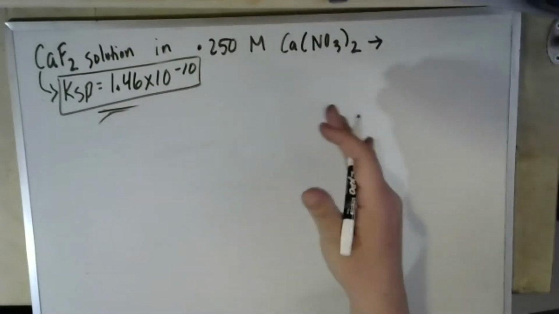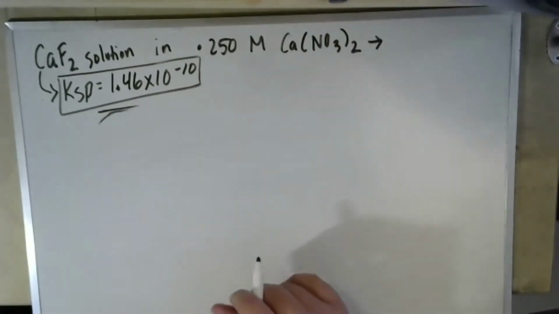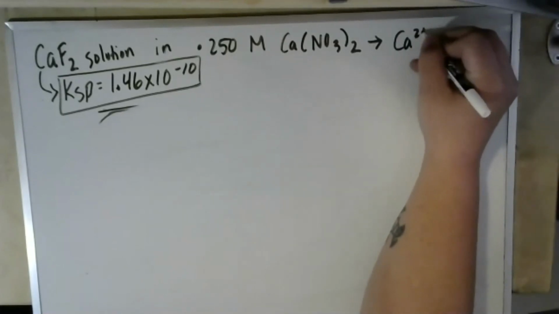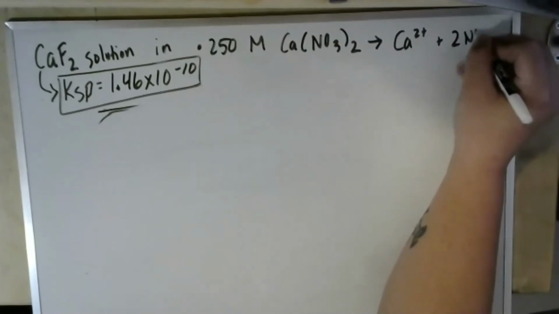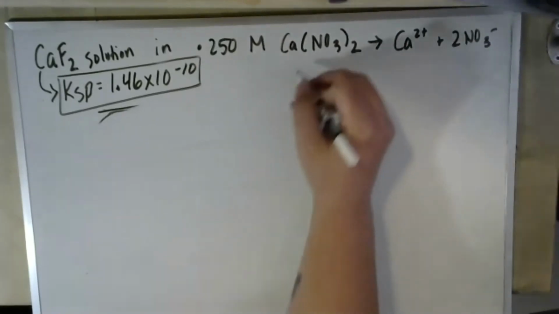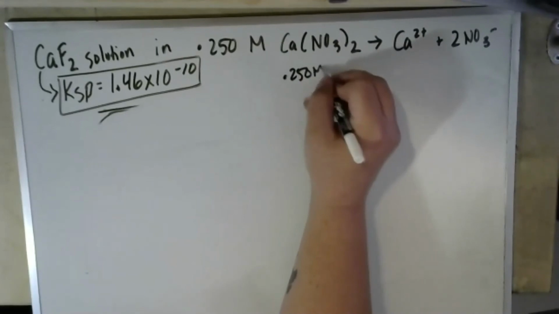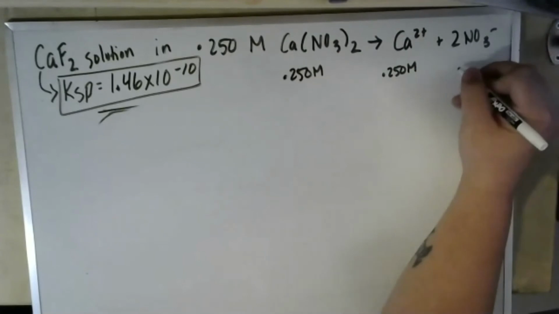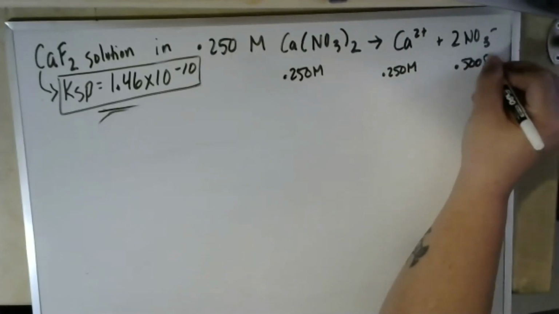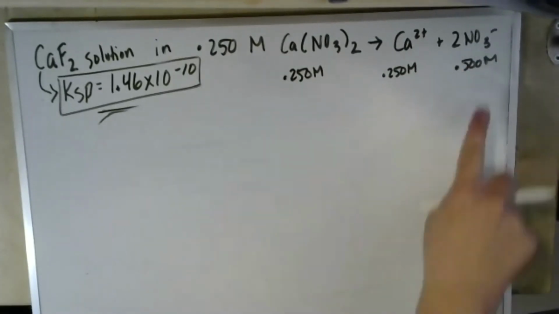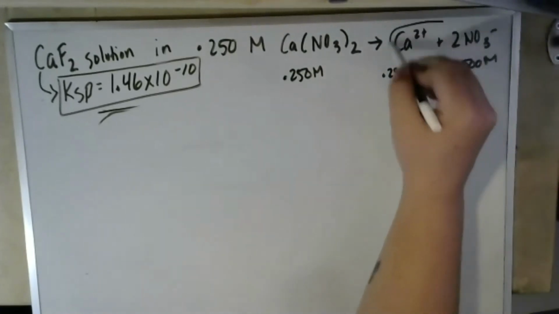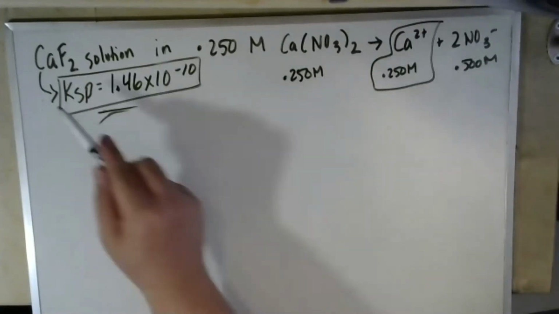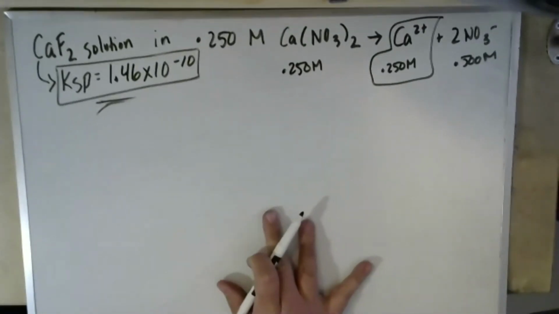That's how we're going to see how it affects our solubility. So calcium nitrate is going to separate into 1 calcium ion and 2 nitrate ions. So if I have 0.250 molar calcium nitrate, I'm going to have 0.250 molar calcium and 0.500 molar nitrate. But this isn't the one I'm concerned about. I need to focus in on the calcium, because this ion is the one that's going to be common with something in the solution that I'm interested in.